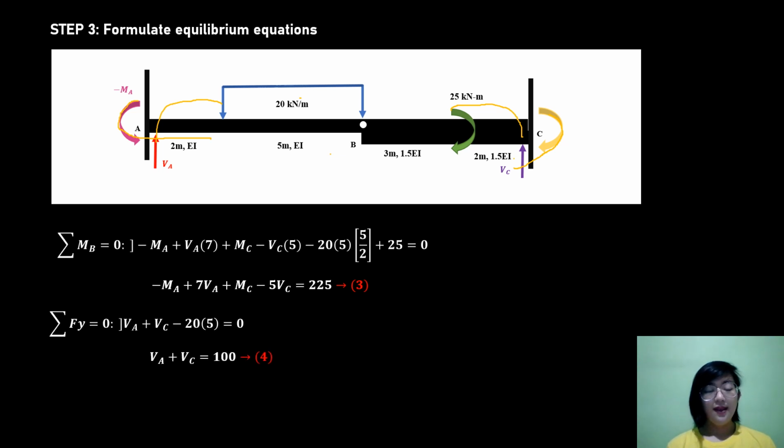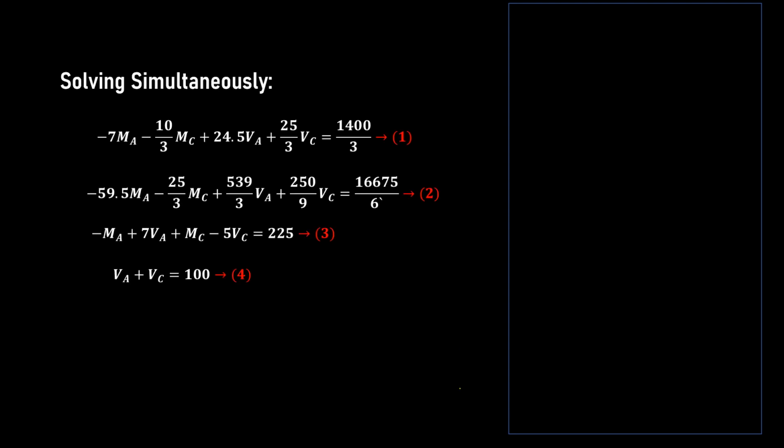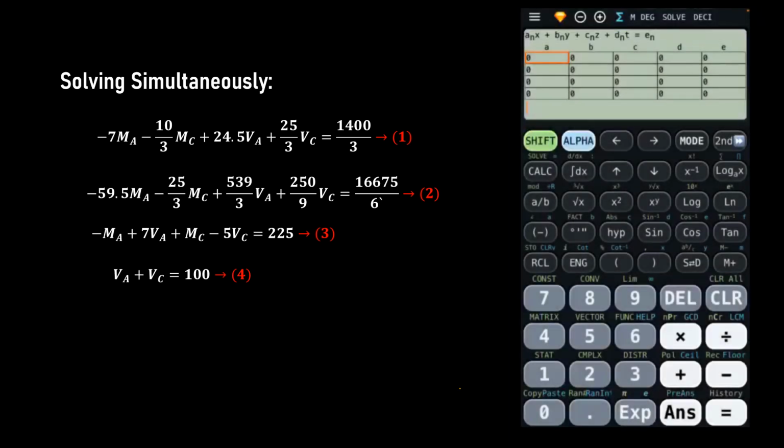Simplifying this, we will have VA plus VC equals 100. So, we already have 4 equations. So, masasolve na natin yung mga unknowns. So now, let's solve simultaneously using 4 equations, 4 unknowns sa calculator.